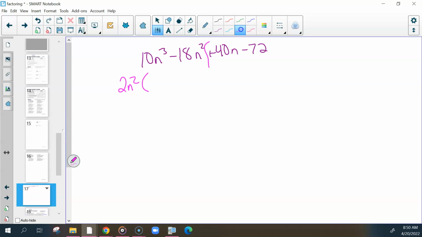So like this one, I couldn't say this is 3 because this one doesn't have 3. And you said that 2 wouldn't go with 1. Right. So same thing here. The exponents are different. I can't say this has an n in common because they don't. They only have 1 n in common because this one doesn't have 2.